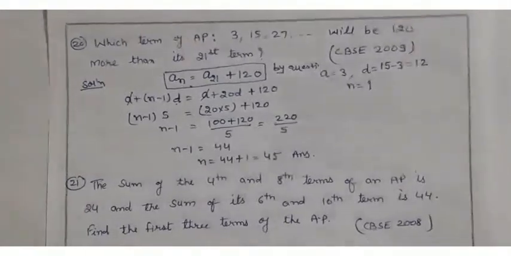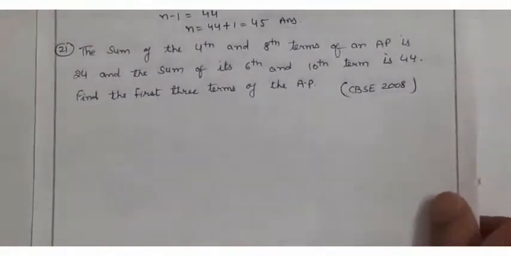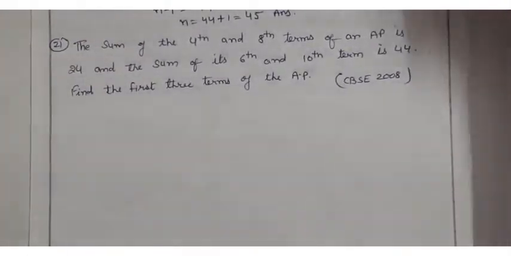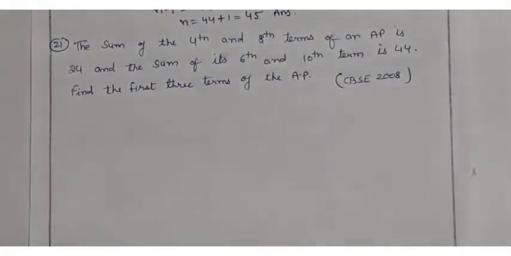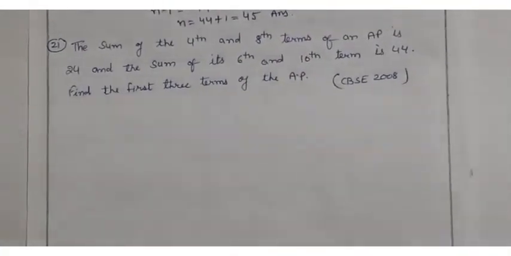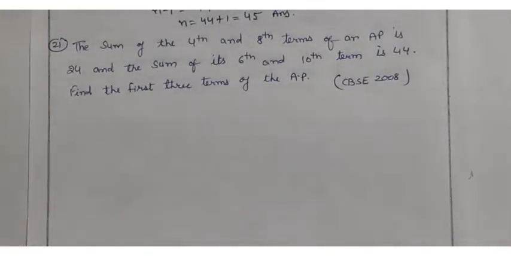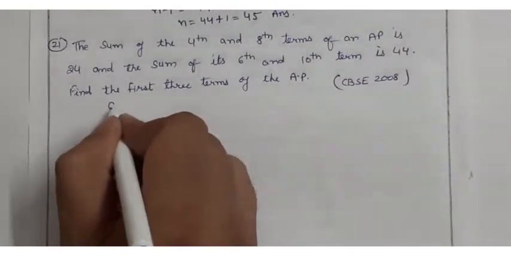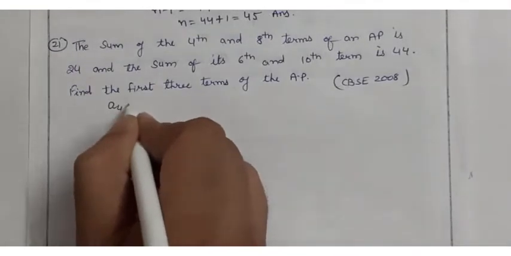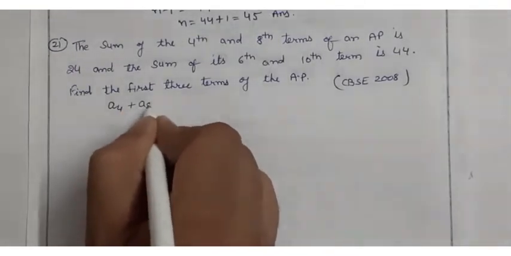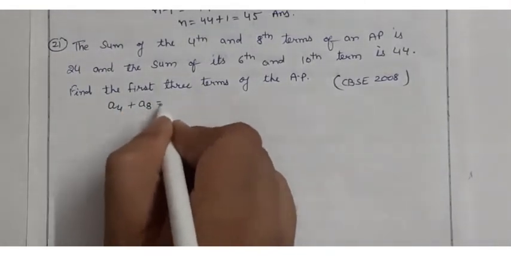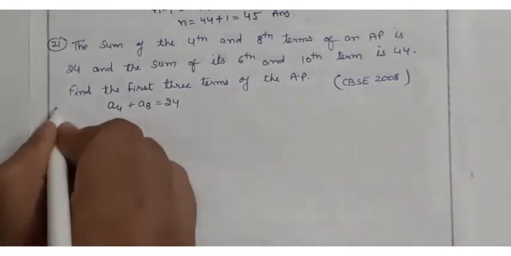Come on, next question. Next question is: the sum of 4th and 8th term of AP is 24. It means A4 plus A8 is given to you as 24.